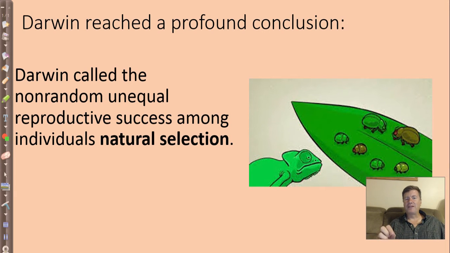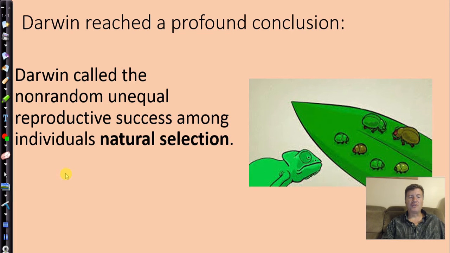So it's non-random. It's also unequal. That is, not everybody is going to be treated the same by nature. If you have the better trait for that particular environment, you potentially have the chance to leave more offspring, and that's called an unequal reproductive success.